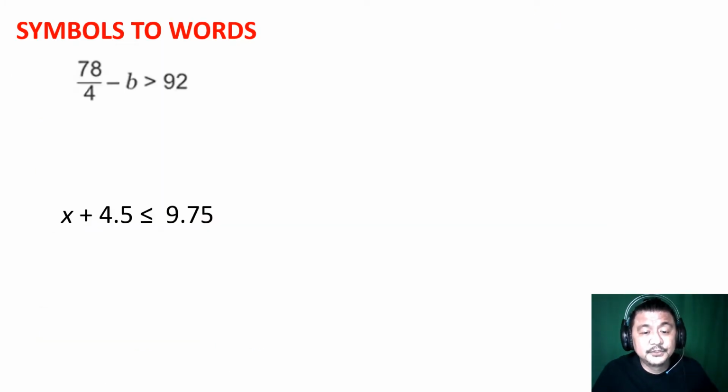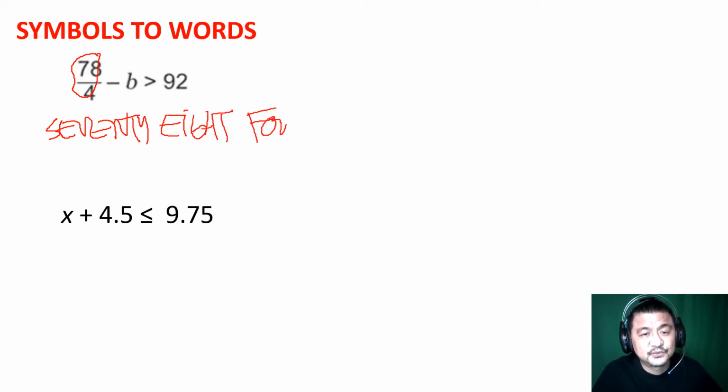Okay, so after knowing the vocabulary, we can now translate in words. You just do it step by step. All right, you could start with this: 78 fourths. What can you use for a minus? Less, right?